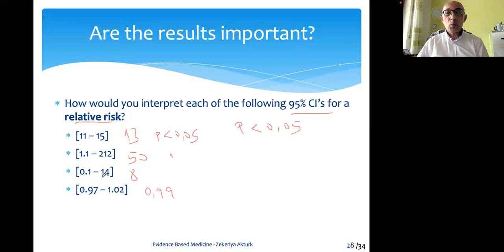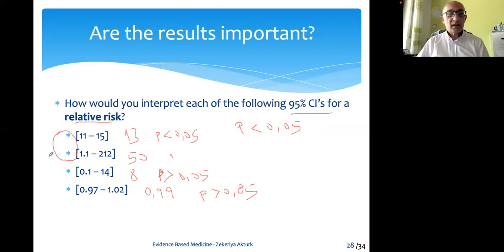Is it including 1, this interval? Yes, it is including 1. That means the p-value is larger than 0.05. What about the last example, 0.9 and 1? There is also the 1 included. So you see the significance. Although these 2 examples are significant, they have small p-values.